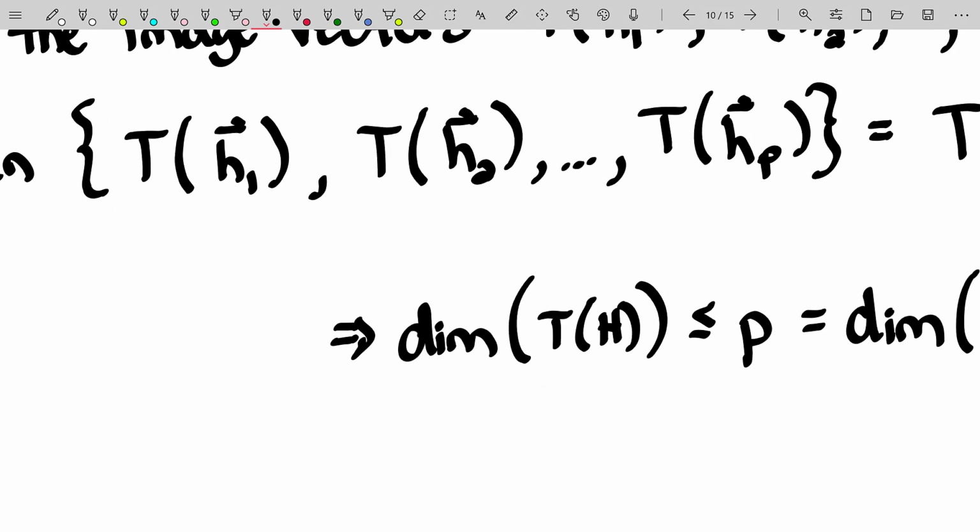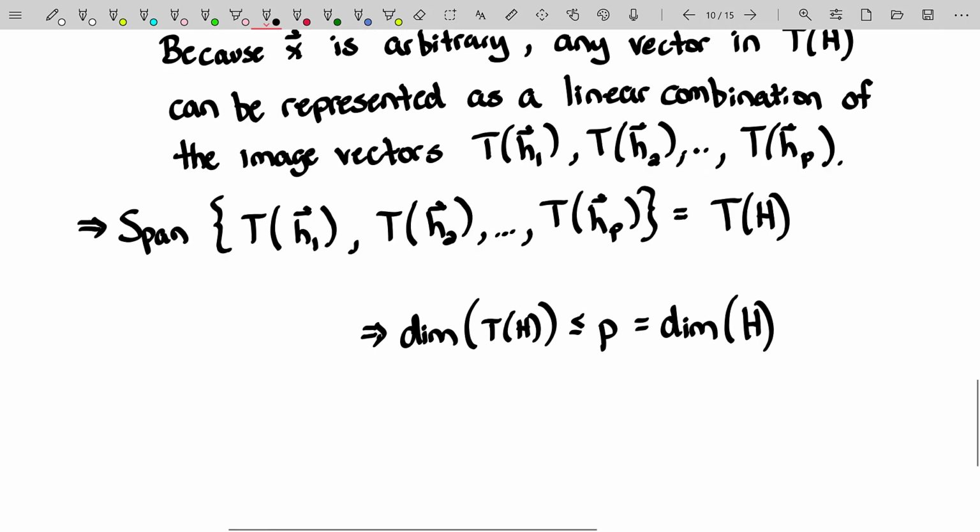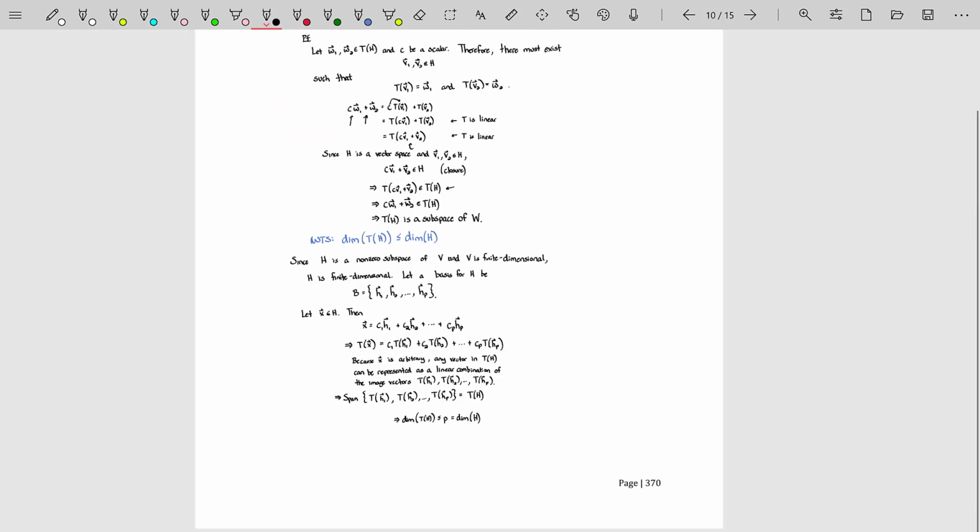What we're saying is that if they were, the dimension of T of H would be P. But just in case, if they're not a linearly independent set, then we have to throw out one or two of them, or 3 or 4 or 10, who knows. And so the dimension will be less than P. But now we have proven that the dimension of the transformation space is less than or equal to the dimension of the original space. And that concludes that proof.